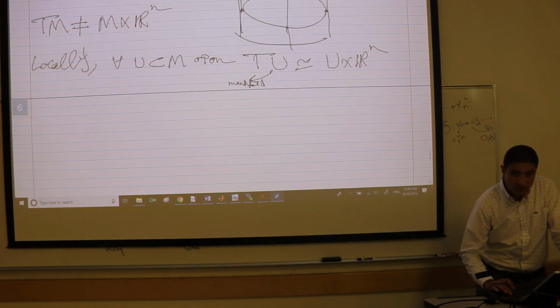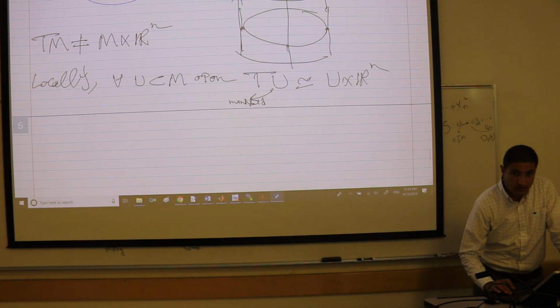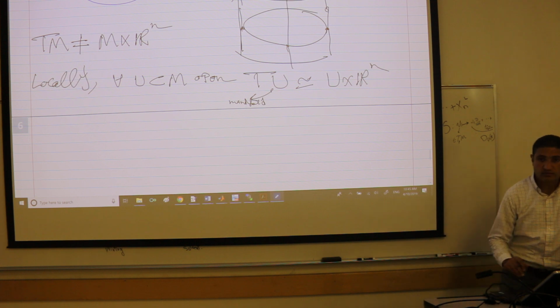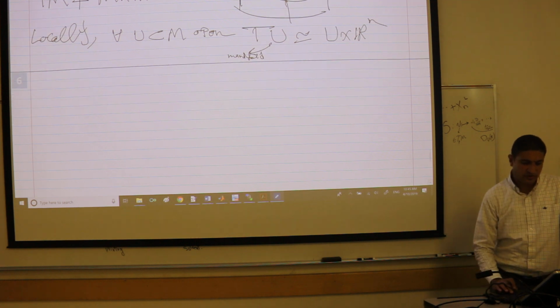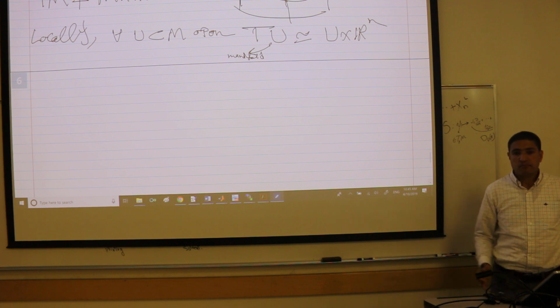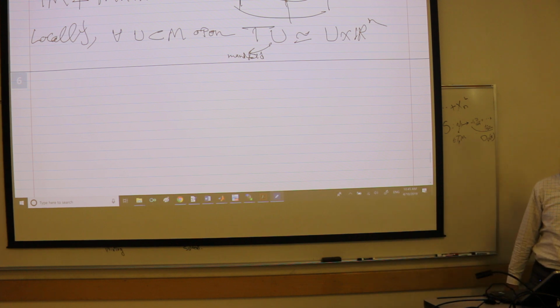Does it have to do with if the manifold drops dimension or not? No, it has to do with the existence of a nowhere vanishing vector field. I mean, we can talk about it. No, it's not drop dimension. So like S2, for example, you cannot write it as product, globally.